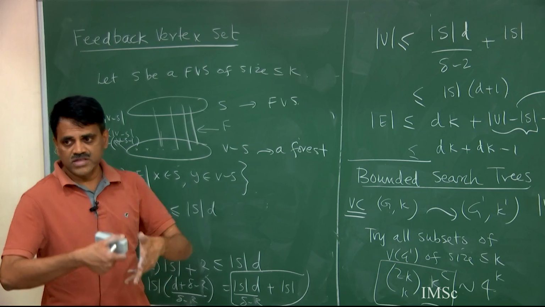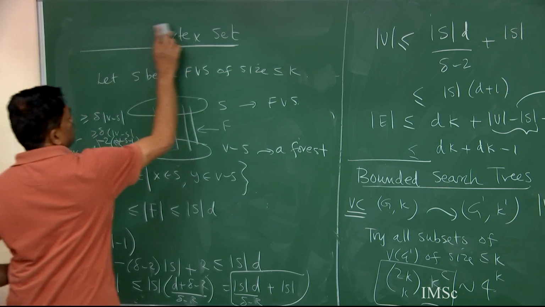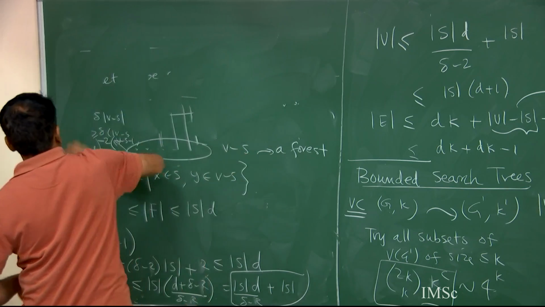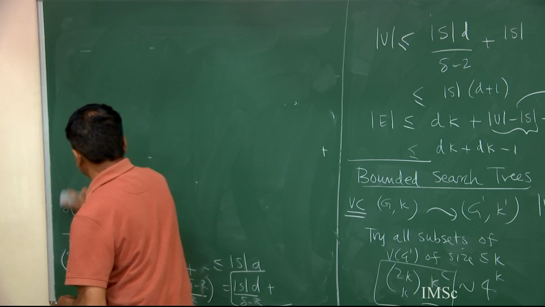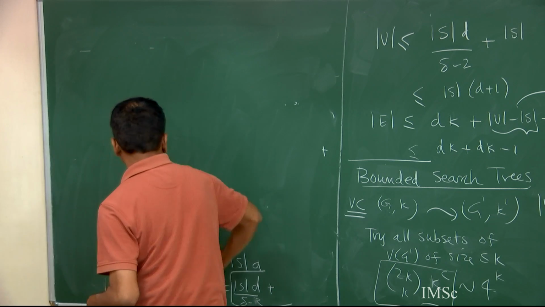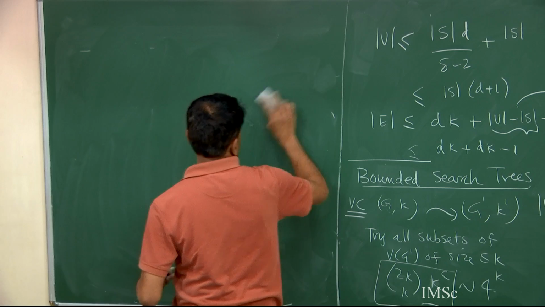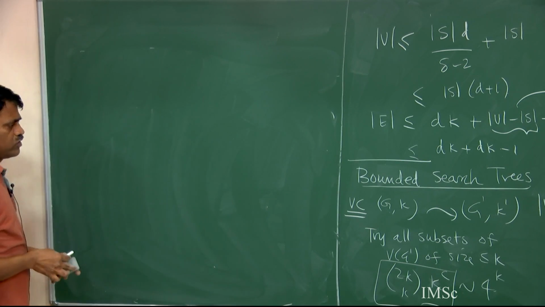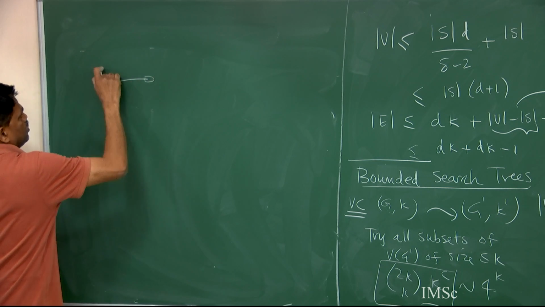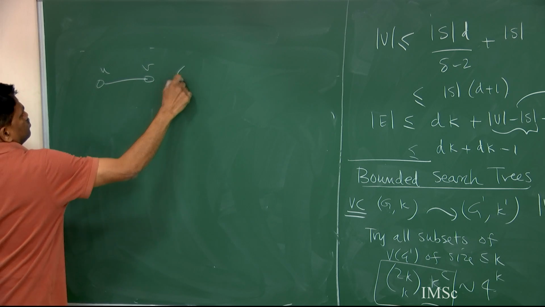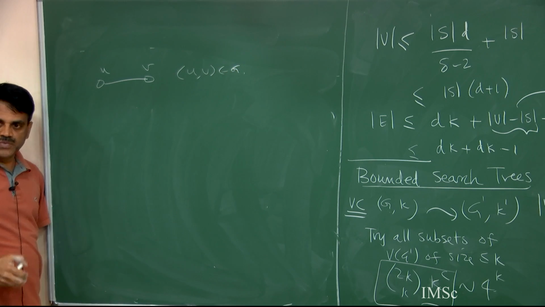Yes, there is a nice simple branching algorithm for testing whether there is a k-sized vertex cover. What you do is you pick any edge in the graph. u or v must be in any vertex cover.